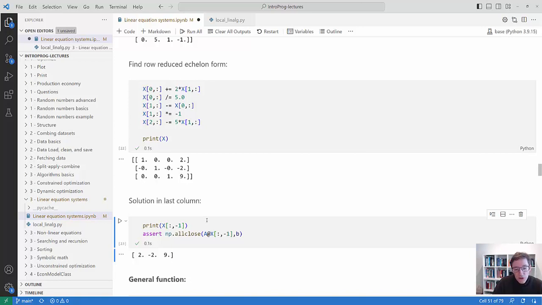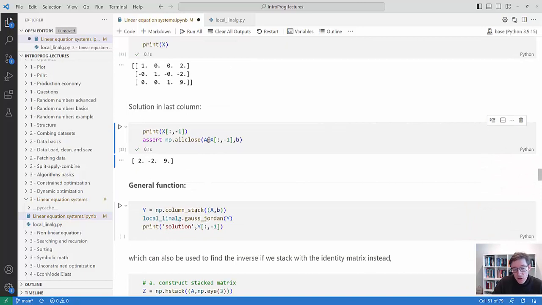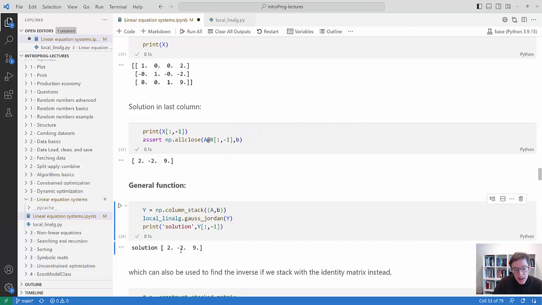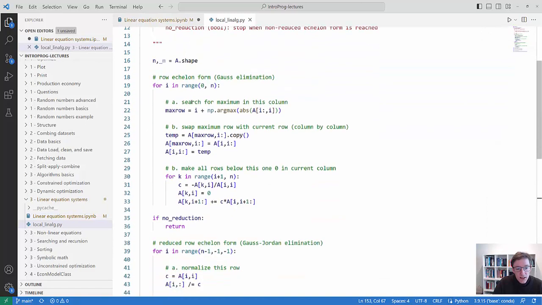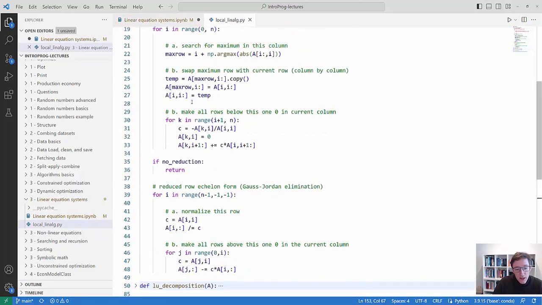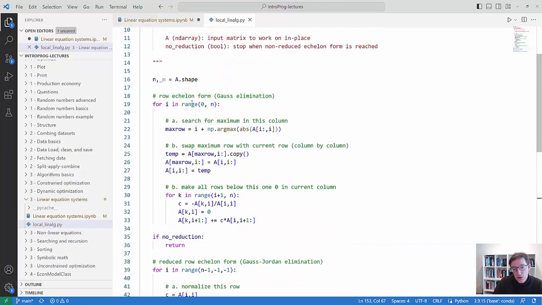So this is how you could do it by hand. And actually there is something called Gauss-Jordan elimination, which does this automatically. So in this local linealg package, I have implemented that, and this spits out the right solution. If you quickly look into local linealg, the Gauss-Jordan, you can see that it's not that many lines of code that's required to do that.